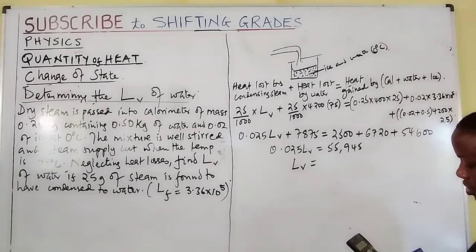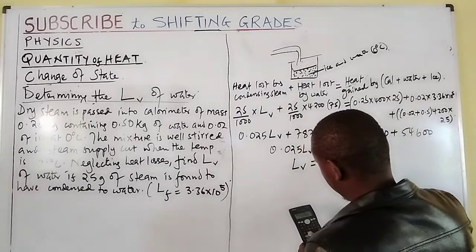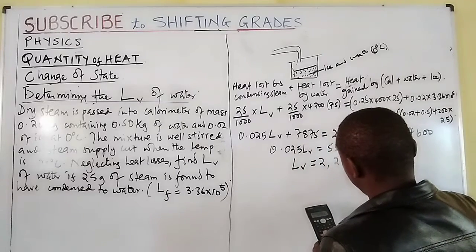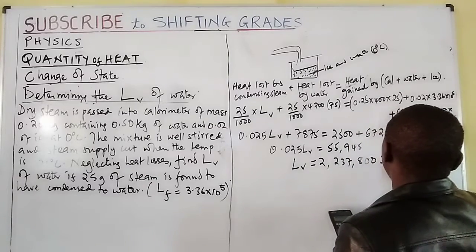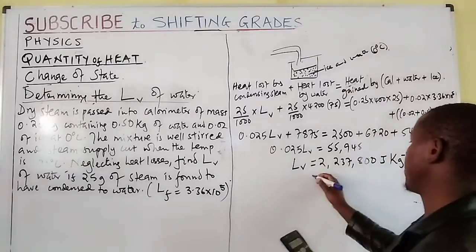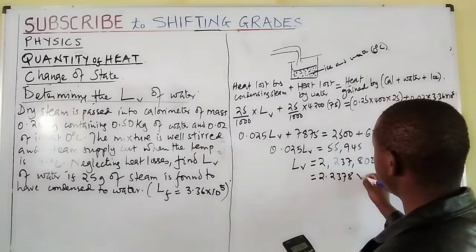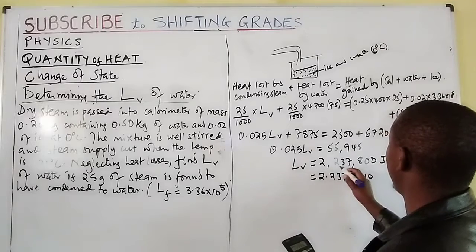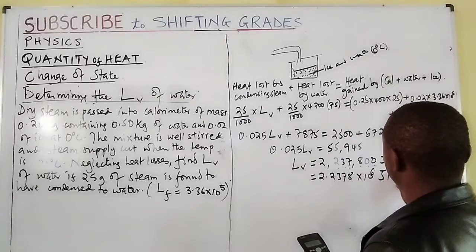When you divide this, we get 2,237,800 joules per kilogram, which can also be written as 2.2378 times 10 to the power 6 joules per kilogram.